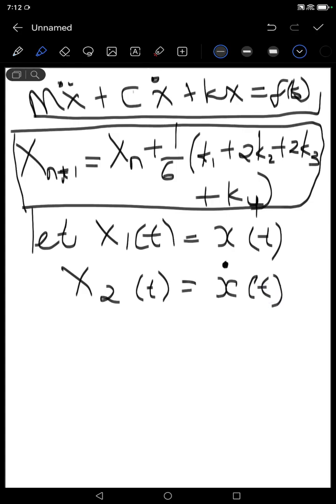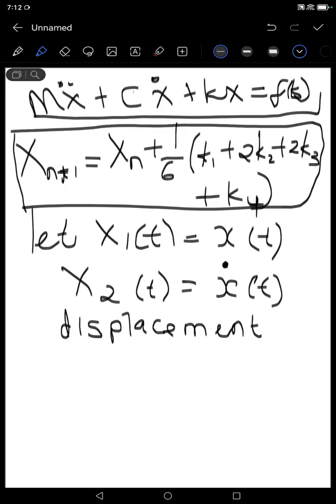So guys, this is displacement. So here we're just assuming or letting. So we let x1 of t equal x of t, okay? And then we let x2 of t equal x dot of t, okay?